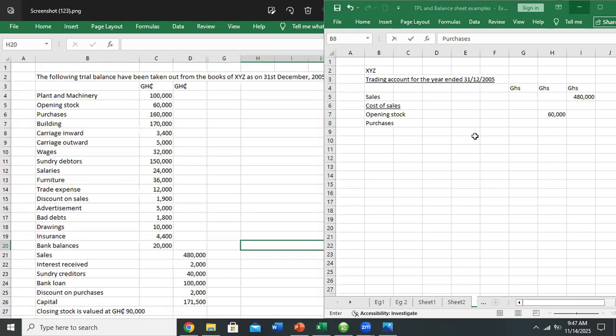Yes, do we have our return outwards and carriage inwards, and what are the figures if they are there? Carriage inwards is 3,400. Okay. And what of return outwards?